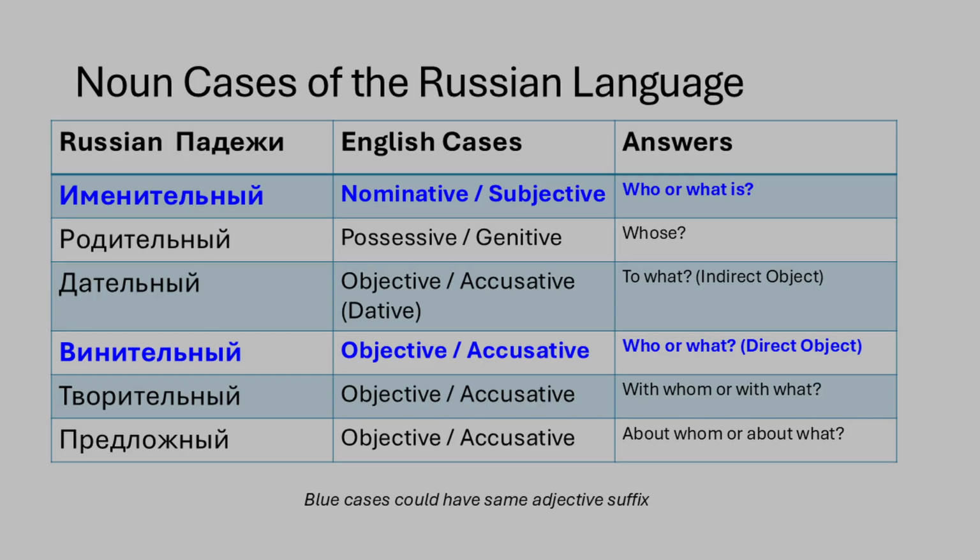But there are moments where an adjective could apply to several nouns within a sentence just because of its ending. And because of that, it's good practice to place the adjective right before the noun it is describing. And most Russians would do this in conversational speech.